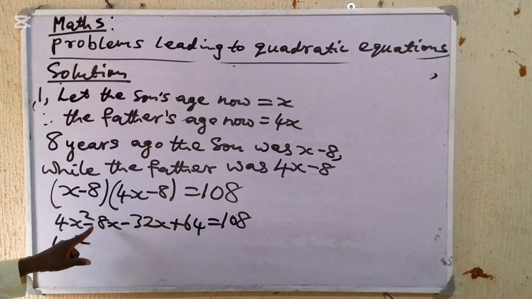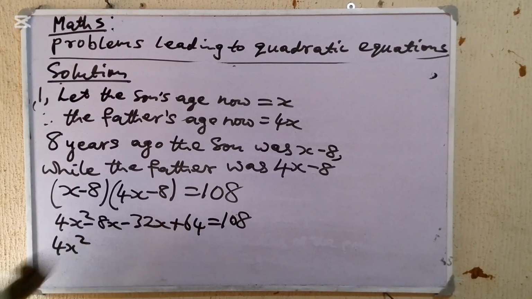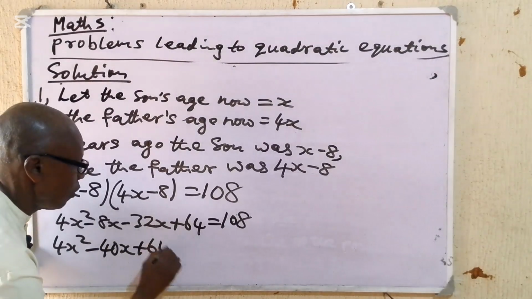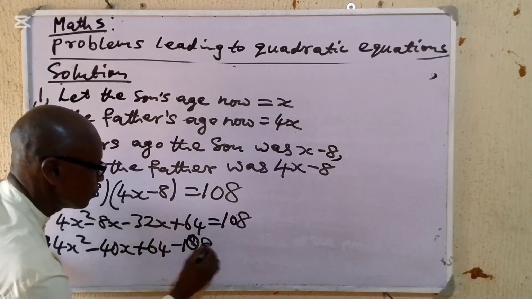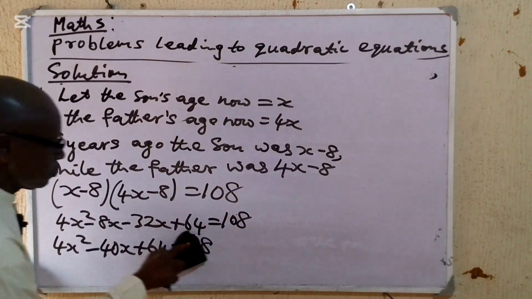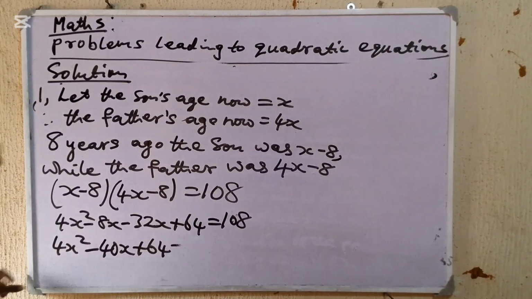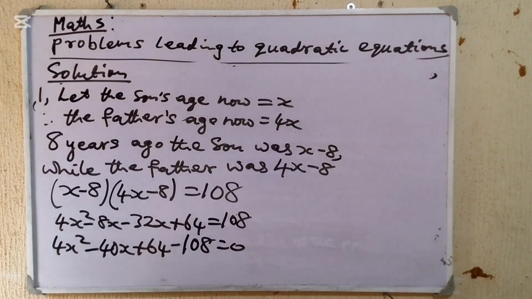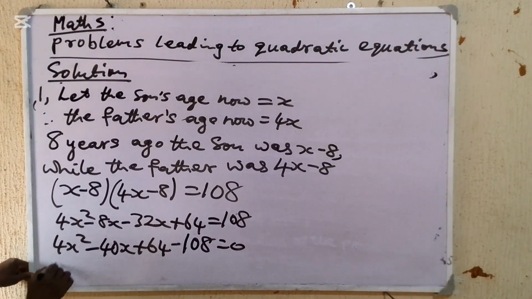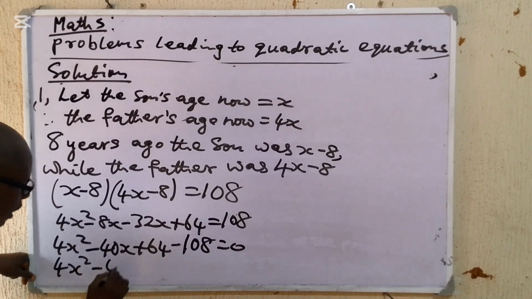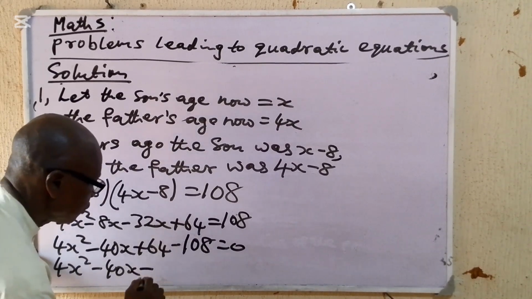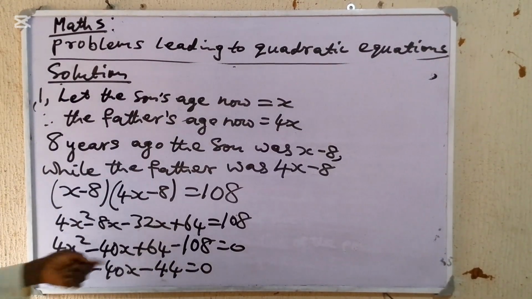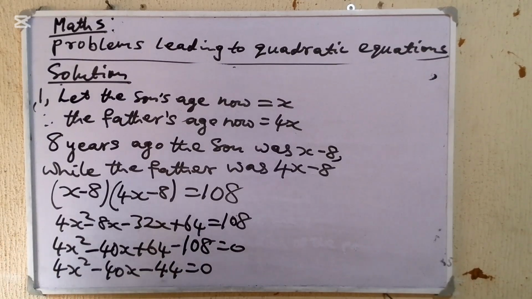Then we have to bring everything together, and that will be 4x squared, minus 40x, plus 64 minus 108 equal to 0. And then if we simplify further, we have 4x squared minus 40x minus 44 is equal to 0. Because if you remove 64 from 108, you are going to get this.